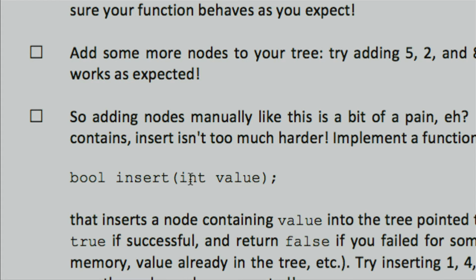And then the value to insert into the tree is specified as the only argument to our insert function. So we will return true if we could indeed insert the node containing value into the tree, which means that we, 1, had enough memory, and then 2, that node didn't already exist in the tree, since, remember, we are not going to have duplicate values in the tree, just to make things simple.